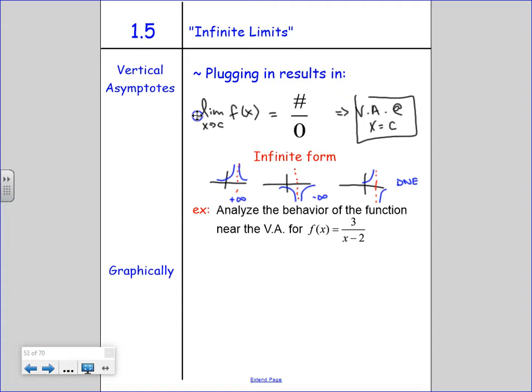Now I want you guys, if the graphing calculator is close, or if at least one graphing calculator is close per group, quickly graph 3 over x minus 2. Sketch the graph, and from that tell me the limit as x approaches. You're graphing the function 3 over x minus 2.